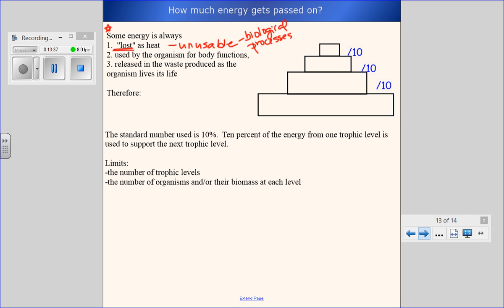The second thing that happens is that organisms use some of the energy. So let's say, for example, that I eat 1,000 joules worth of food. Well, I'm going to use a whole bunch of that to do things like move and breathe. So in this section, body functions, you need to ask yourself how many different functions an organism needs to perform.